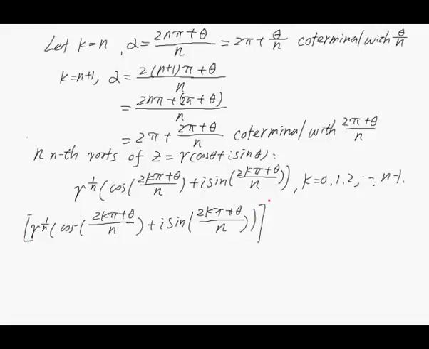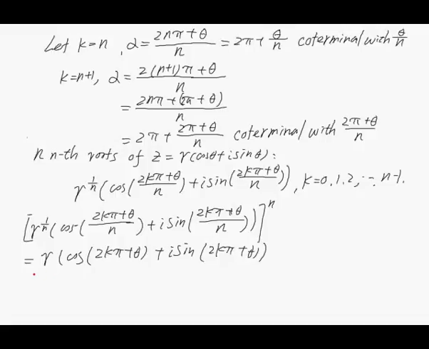raised to the nth power. So the nth power of r to the 1 over n is just equal to r, right? Then by the de Moivre theorem, we know this is equal to n times this argument. So this n and this n cancel. You have the 2k pi plus theta, and plus i times sine, same thing, 2k pi plus theta.